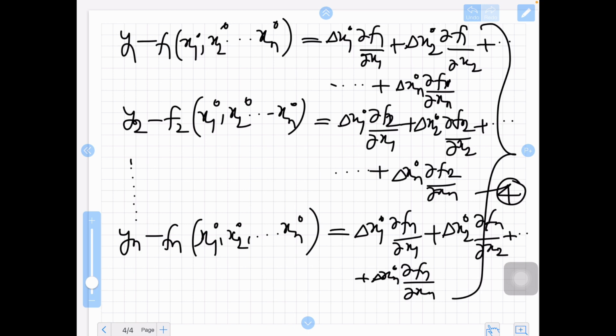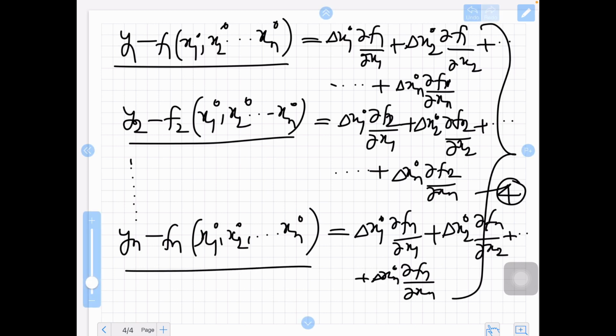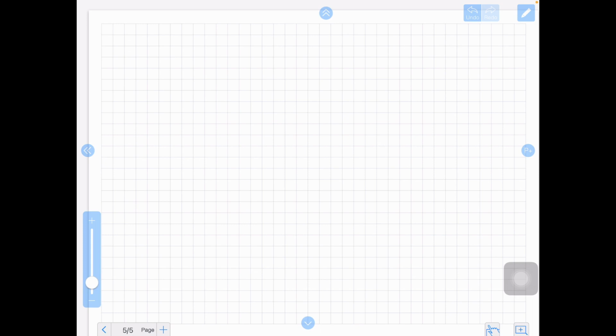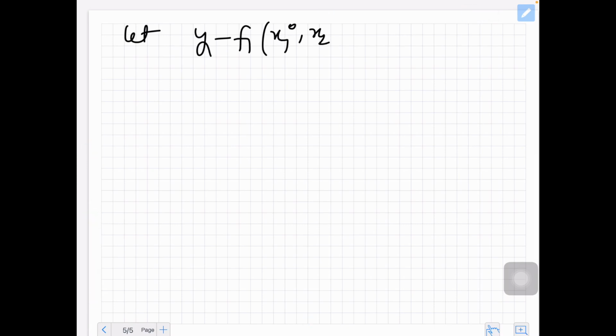In equation 4, the LHS terms you can write as delta y1, delta y2, up to delta yn. So we can rewrite this by assuming y1 minus f1 of x1 naught, x2 naught, etc., up to xn naught, is equal to delta y1.